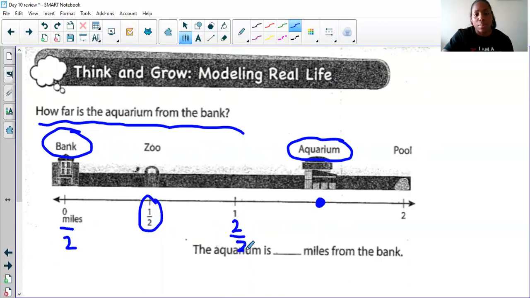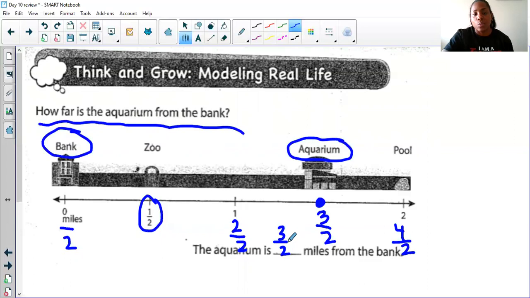So what does that mean this is? 3 halves. Good. And then of course this would be 4 halves. So the aquarium is blank miles from the bank. 3 halves.